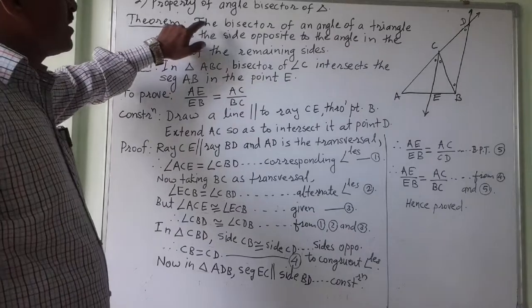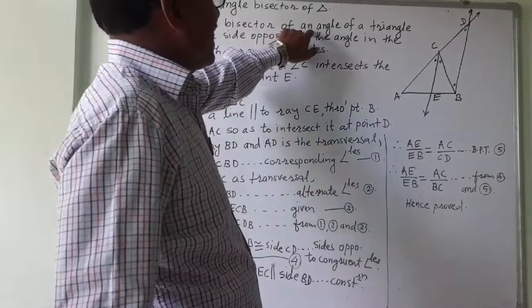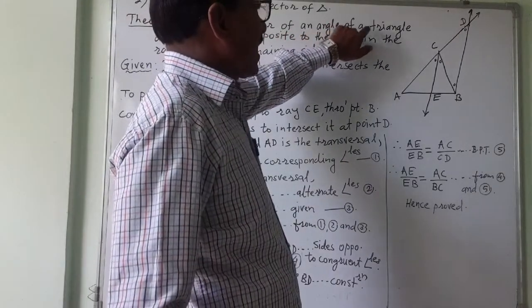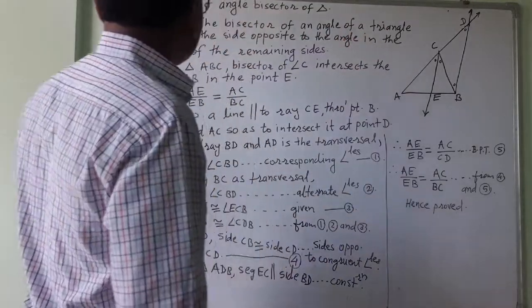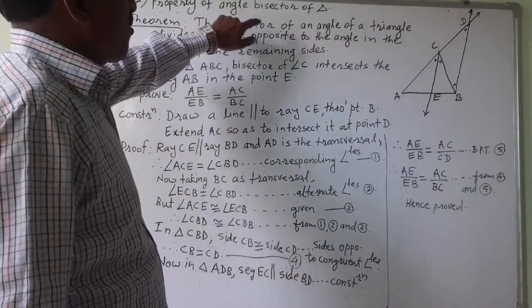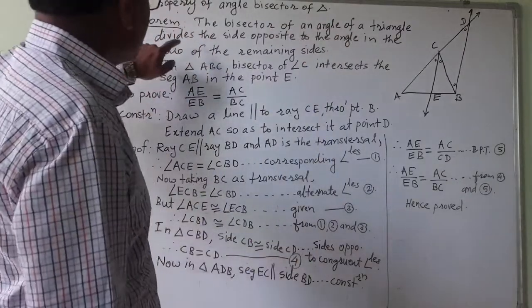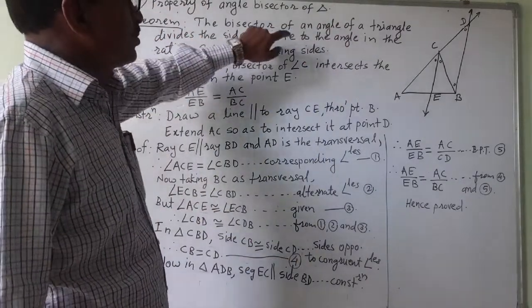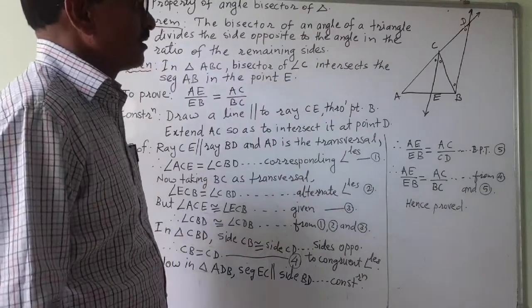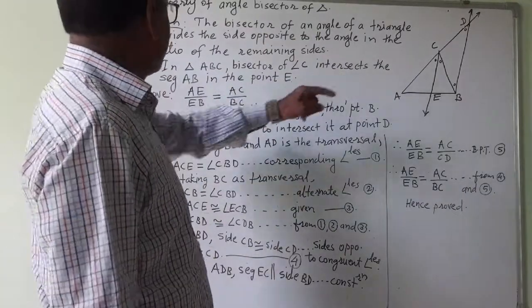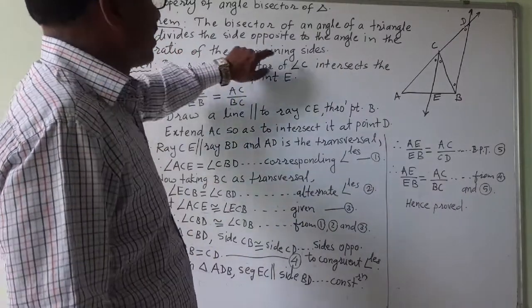The statement is: the bisector of an angle of a triangle divides the side opposite to the angle in the ratio of the remaining sides.